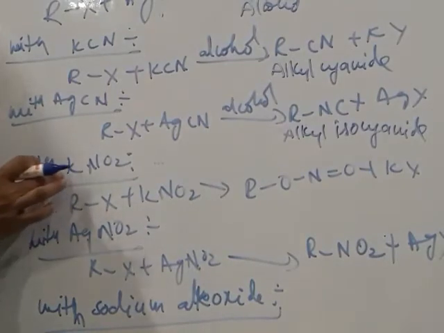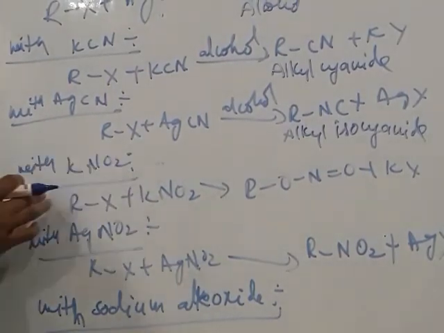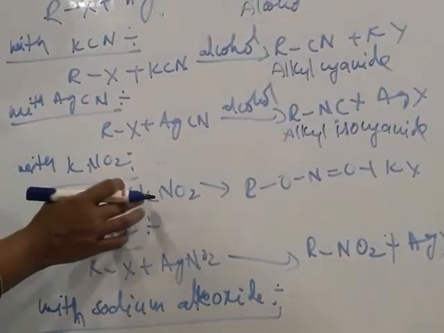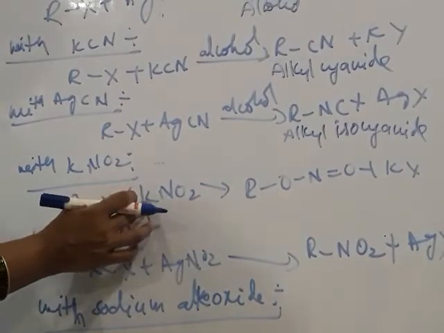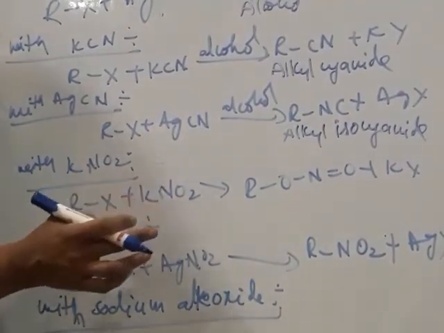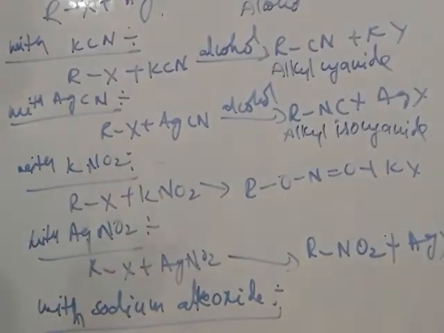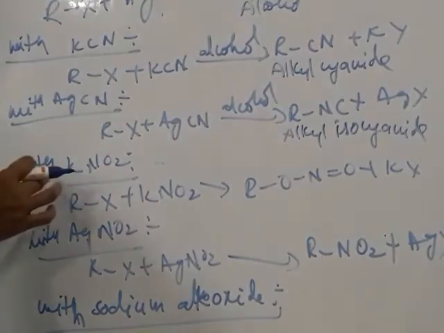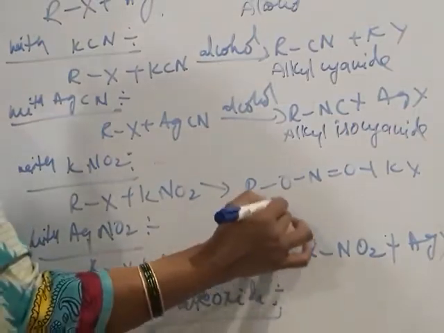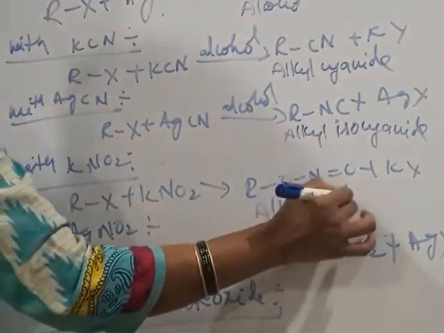Then with potassium nitrite. When alkyl halide reacts with potassium nitrite, the halogen gets substituted with the nitro group. Here there is a possibility for the formation of alkyl nitrites. So with potassium nitrite we get alkyl nitrite.